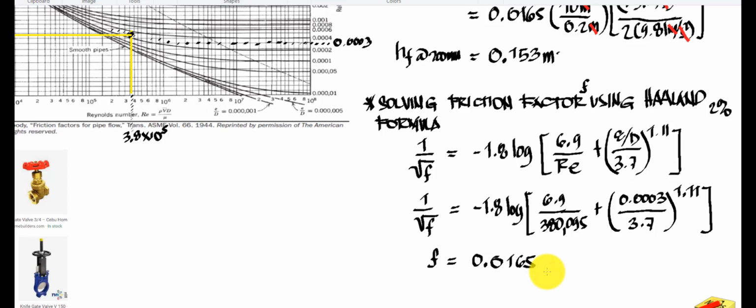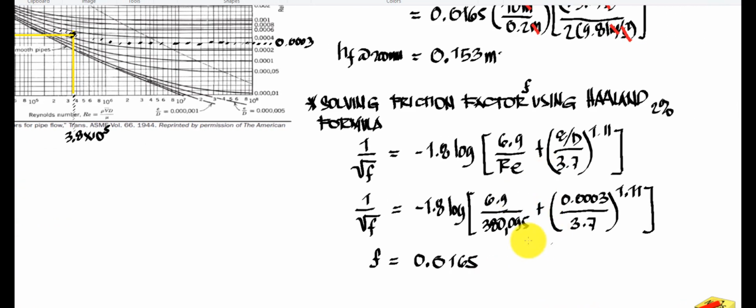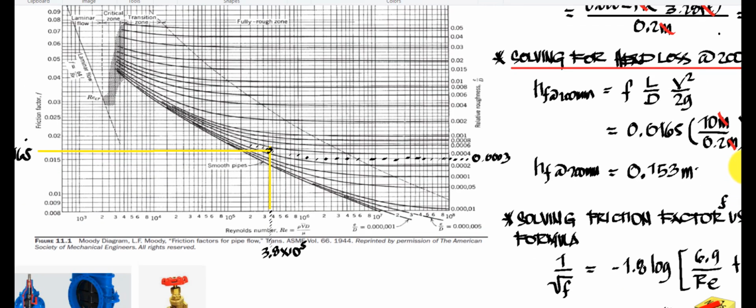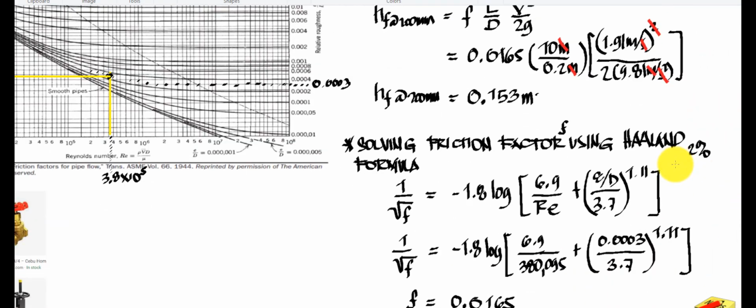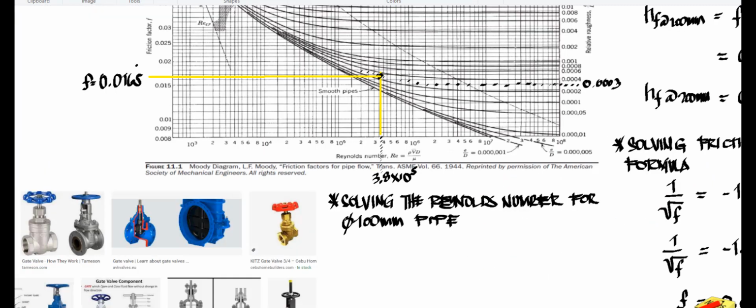So for ease of computation, since we no longer need to go to the plot anymore, we can use the Haaland formula for getting the value of the friction factor, quite the same.